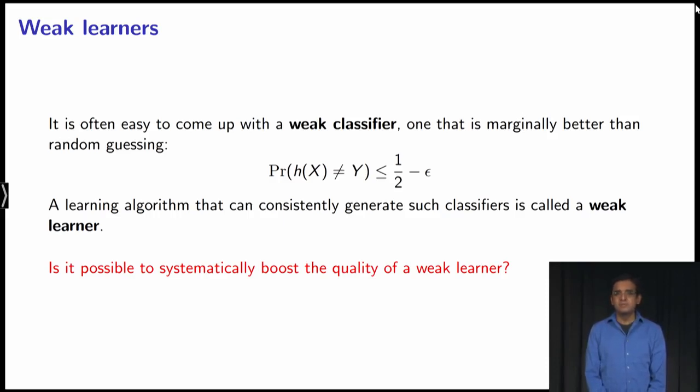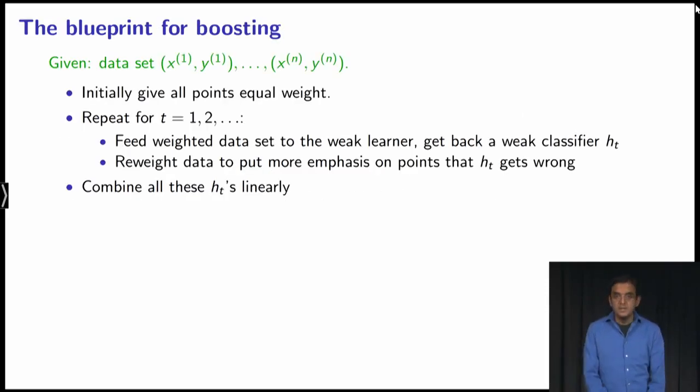Can we boost the performance of a weak learner? Can we somehow use a weak learner to produce classifiers of much higher quality? This is what boosting does. So here's the basic idea. Let's say we have a data set, x1, y1 through xn, yn, and we have at our disposal some weak learner.